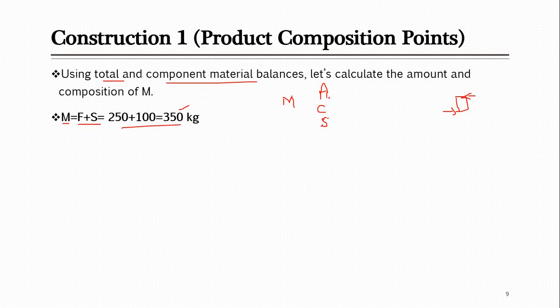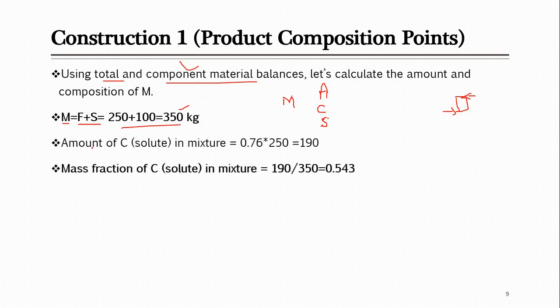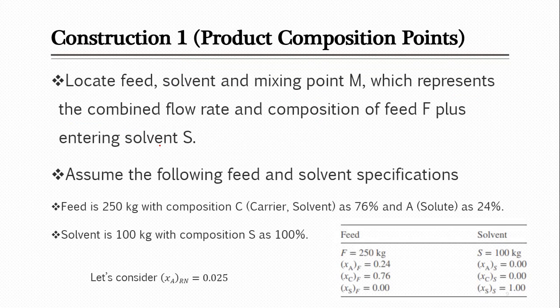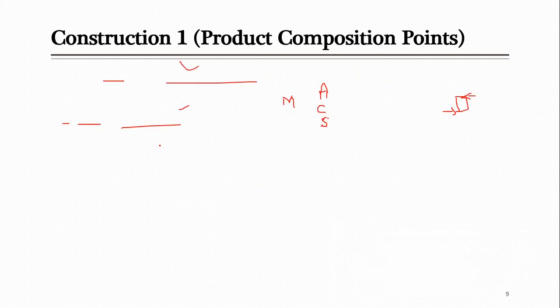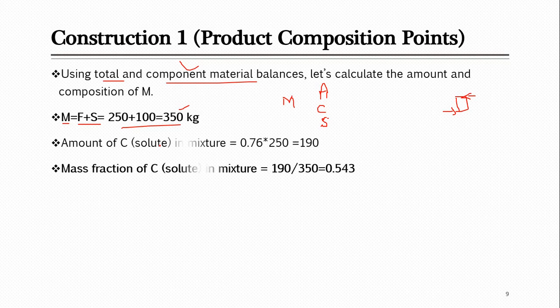So we have to find the fraction or composition of all these. They can be found again by applying component material balance. Suppose you apply the component material balance on C, that was not solute actually, C was our carrier. So here is a mistake, I will correct it in the slide, so kindly make it so that this is carrier, not solute, this is carrier.